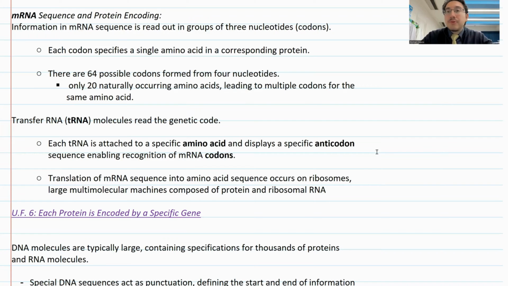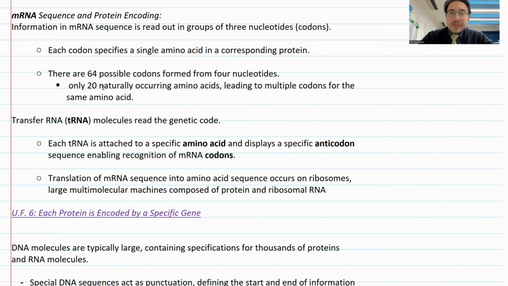Sets of 3 nucleotides. Let's say AUG, UUU, and CCG, and so forth. And each codon on the mRNA template codes for a single amino acid that corresponds to what is called a tRNA.